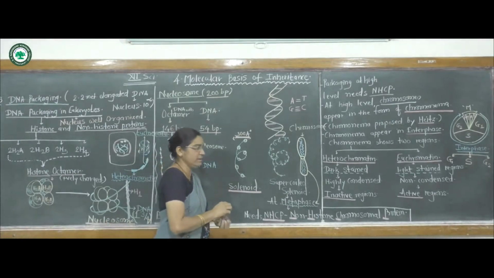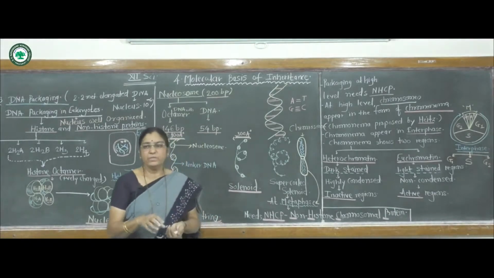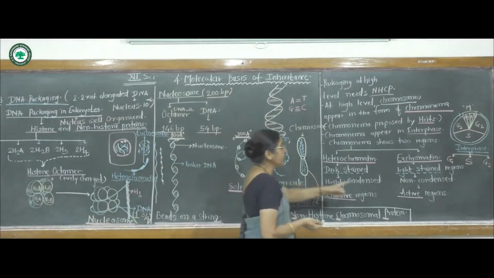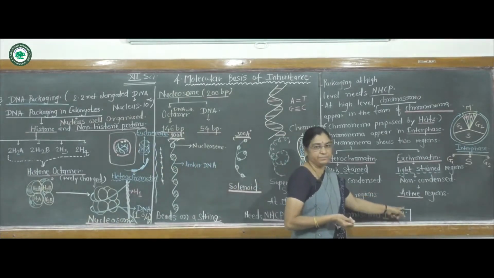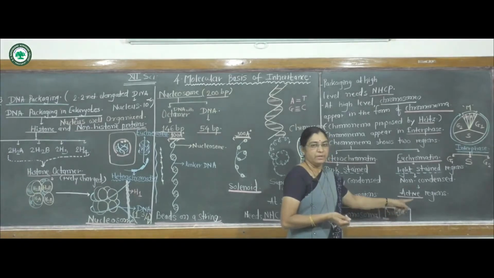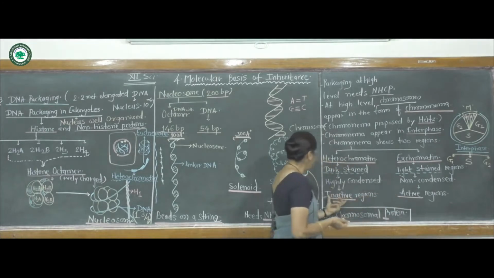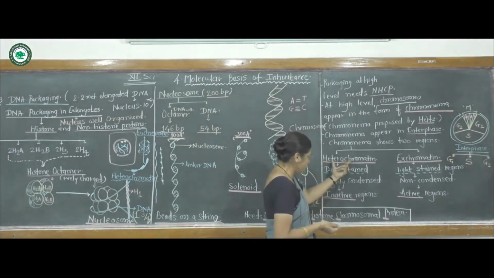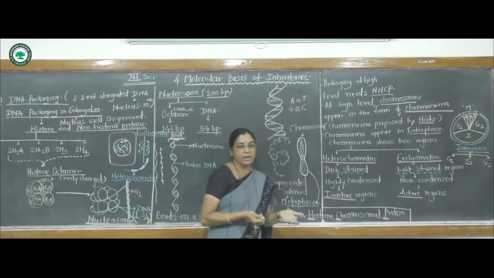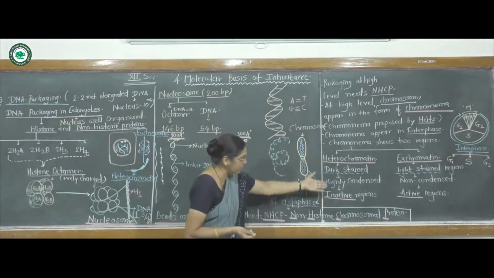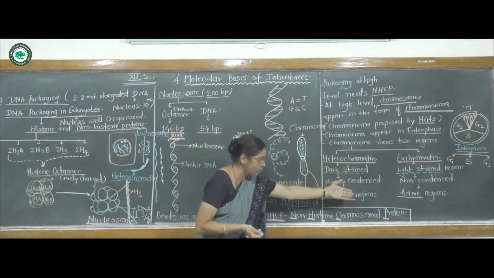And particularly the active regions which plays very important role in the protein synthesis. While the inactive regions heterochromatin cannot play any role in the protein synthesis, and that is about the heterochromatin and the euchromatin.